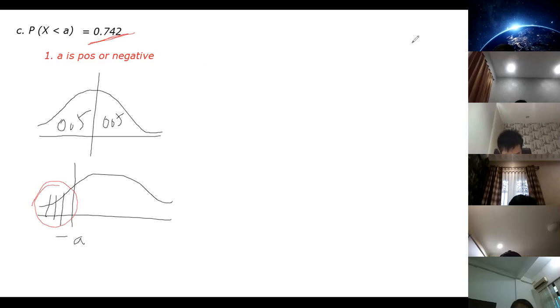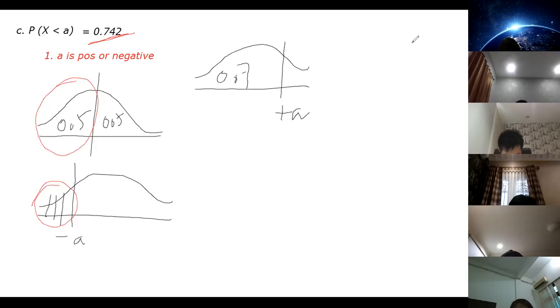Of course not, because even if we take the entire negative section, it is only 0.5. So from that, we can conclude that the a has to be a positive number. So this area is 0.742. And so once we have decided the a is a positive number, then we have to take the closest value to 0.742 by referring to our table.